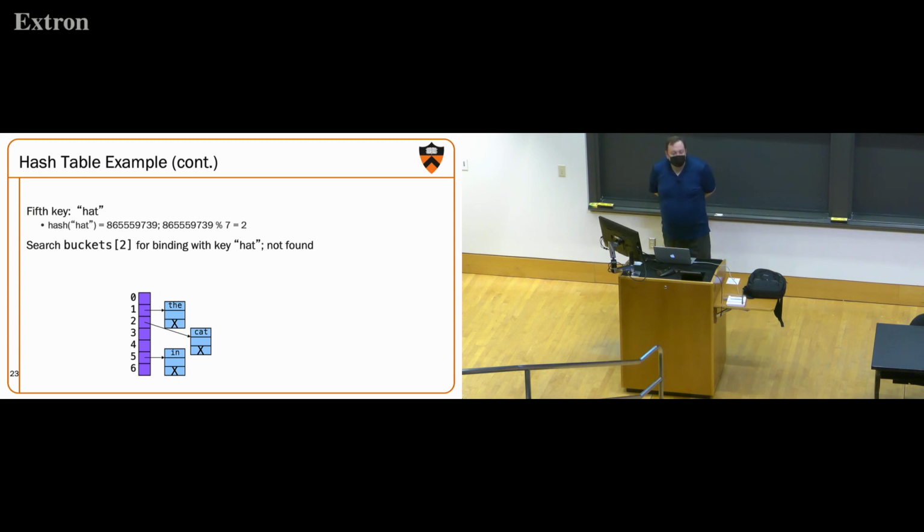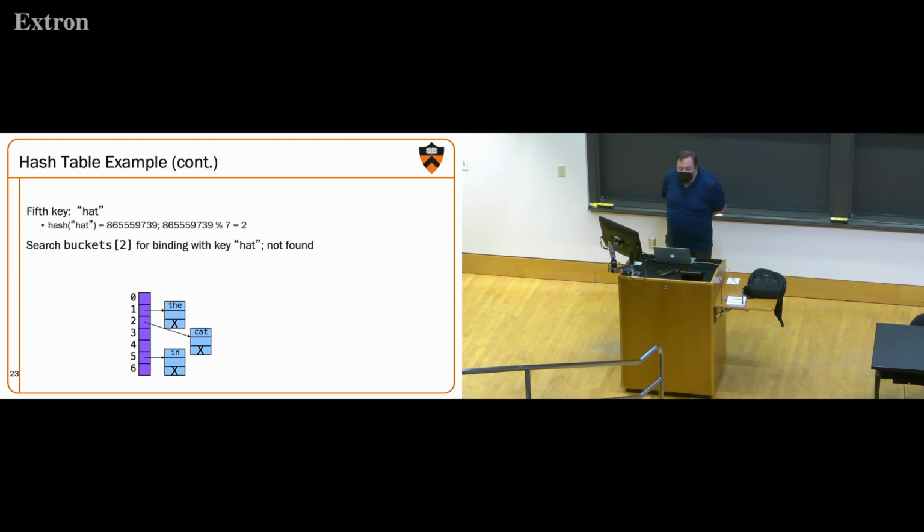Hat. We run the hash function on hat. We get a number, modulo by 7, we get 2. But now we have a hash chain already, a chain of bindings already in bucket 2. We need to start walking down bucket 2. The first binding we come to has a key of cat.